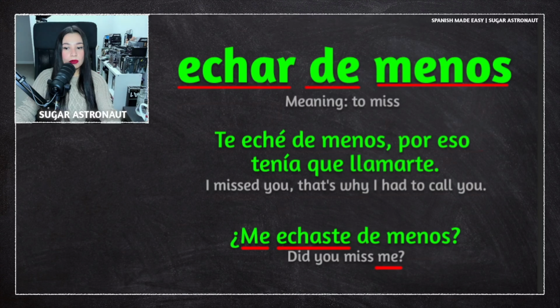We need only the verb echaste. And that means, well, the whole phrase, rather, echaste de menos. Yeah, that's what we're learning right now. Echaste is past tense as well. And me echaste de menos means did you miss me?